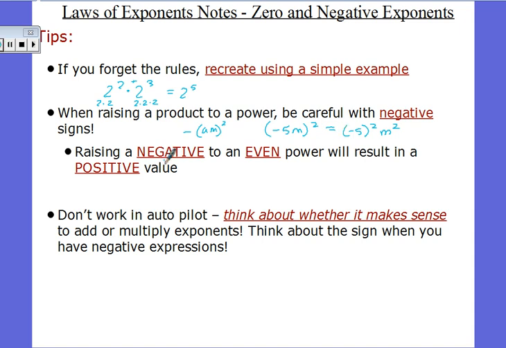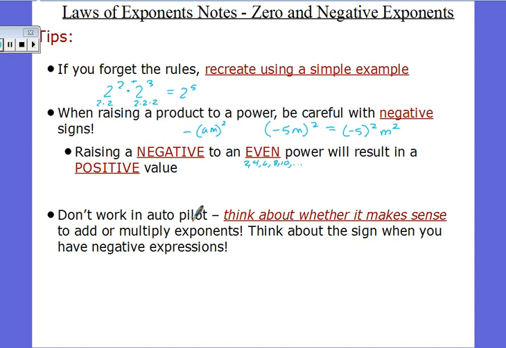Okay? Anytime you're raising a negative to an even power, so that's 2, 4, 6, 8, 10, etc., you're always going to have a result of a positive value. But remember, that's only if the negative is grouped with the number and it's inside parentheses being raised to a power.